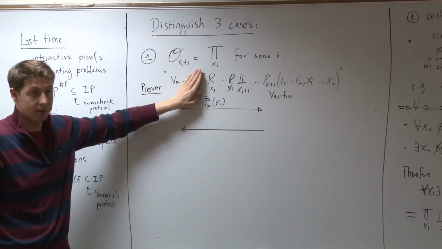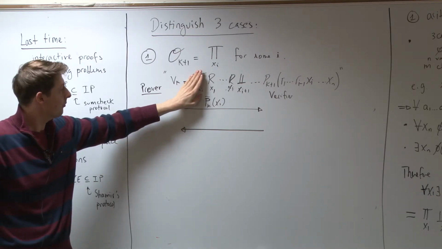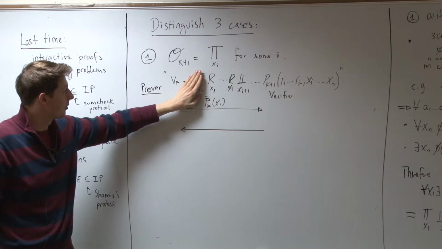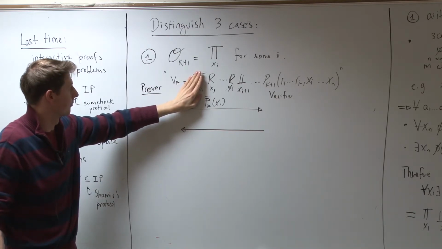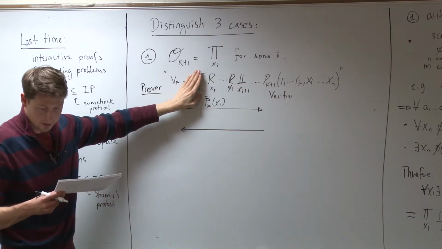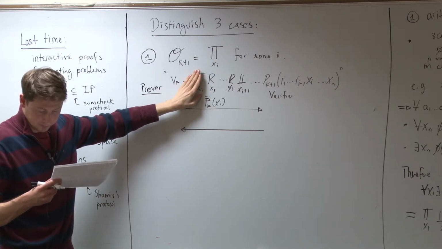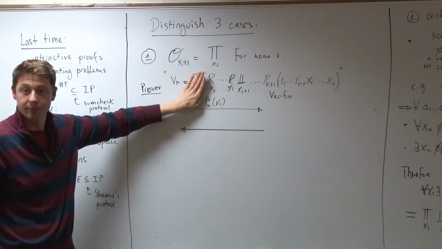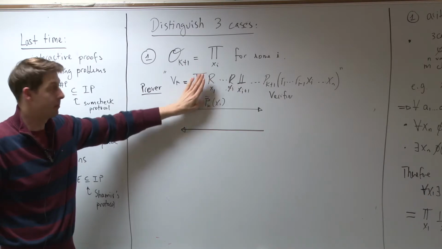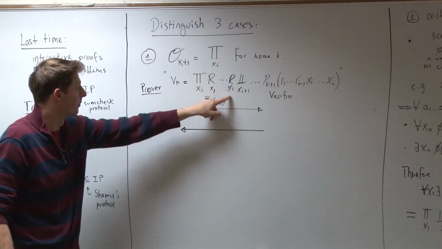A polynomial in xi, right? Need to be more precise here. Yeah, a polynomial in xi. What is its degree? 1, right? Because I just reduced it here.